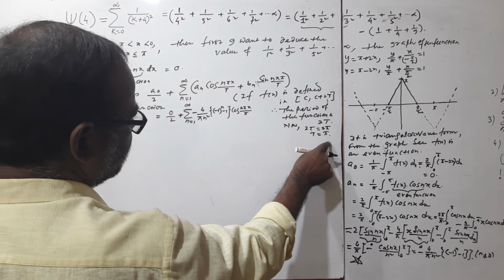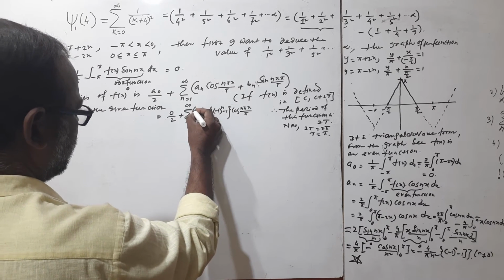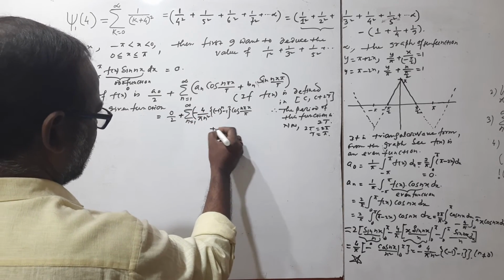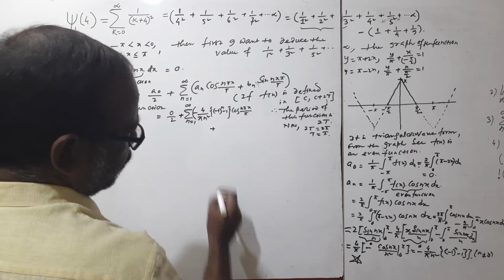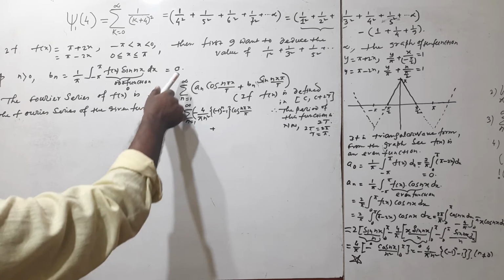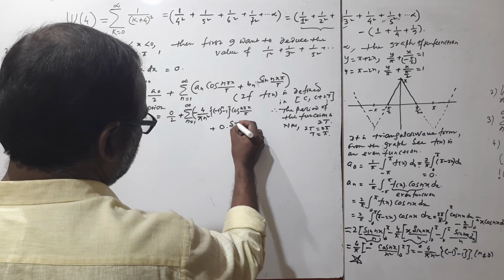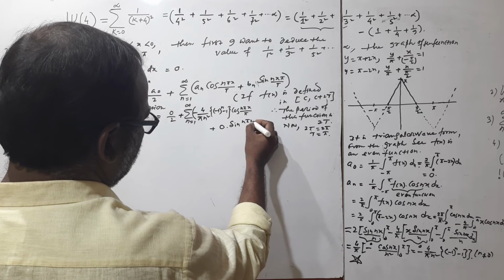The value of t here is pi. Plus, actually bn here is 0. So bn is 0 here, so 0 into sin n pi x over pi.